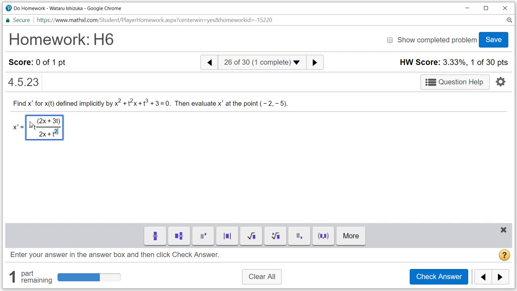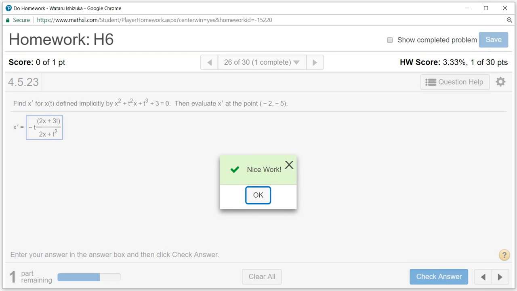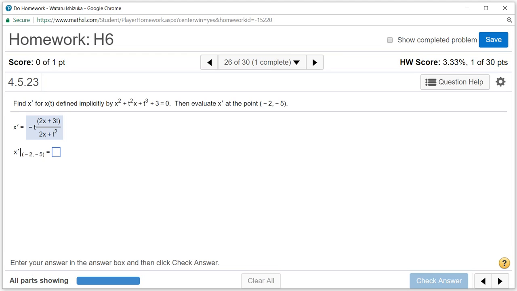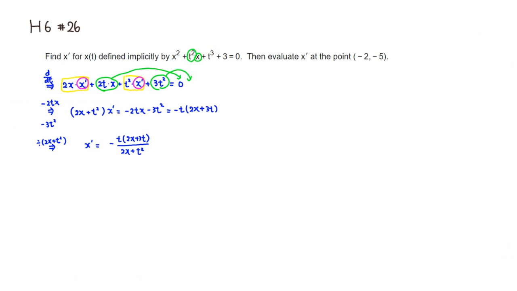It looks like we got that right, so let's check the answer. We got that. Then all you have to do is evaluate it at (-2, -5). We just have to be careful that the -2 is the t value and the -5 is the x value.